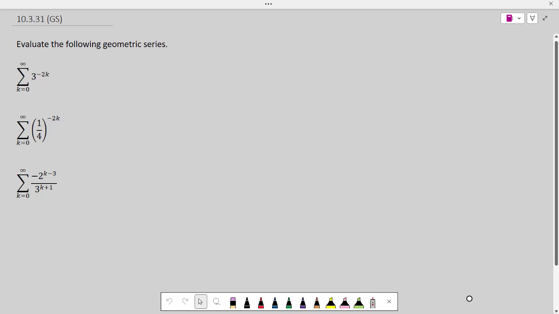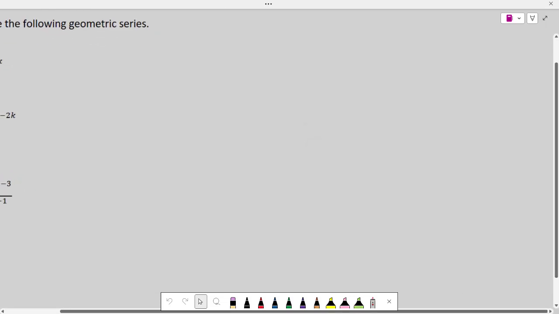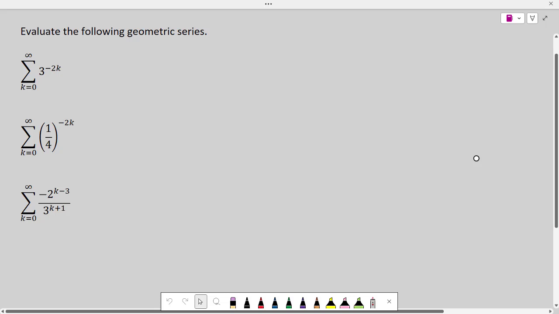So geometric series, here are some. When we write it in the a r form for a geometric series, we're thinking of it as a r to the k, and frequently k starts at 0, though it does not have to. We need to identify a and r if we're going to find the sum of these series.